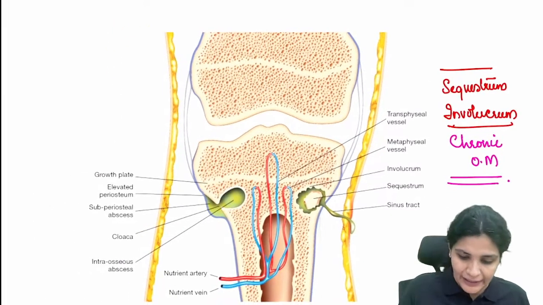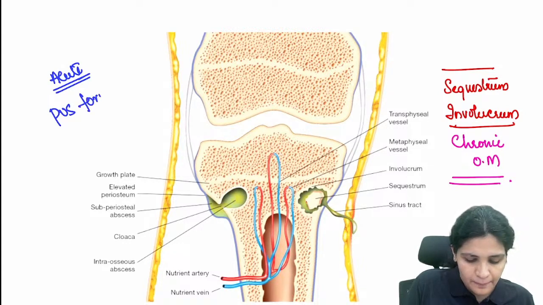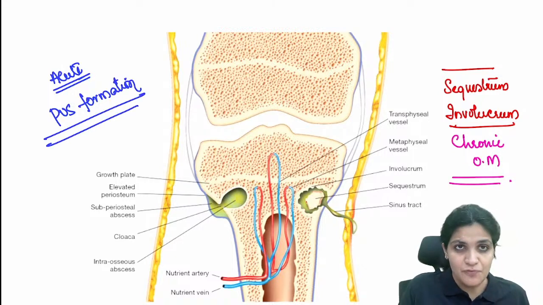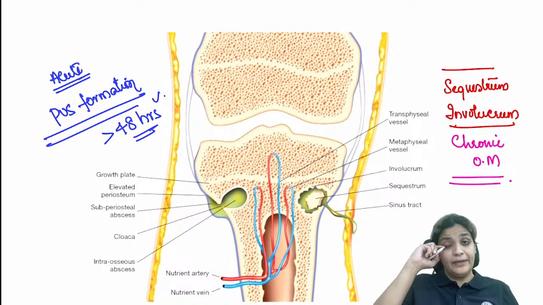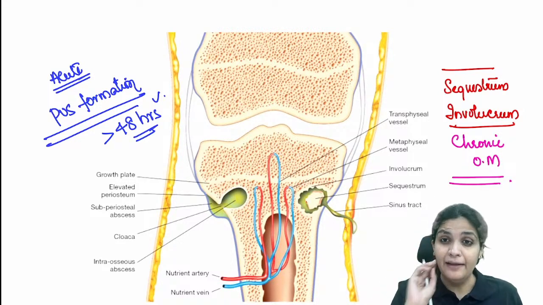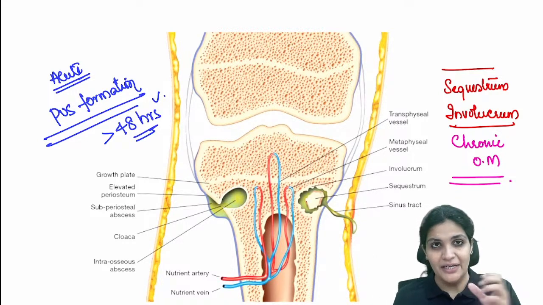So in acute, there is only pus, and this pus formation takes about 8 hours from the entry of the bacteria. So the pus formation is acute.